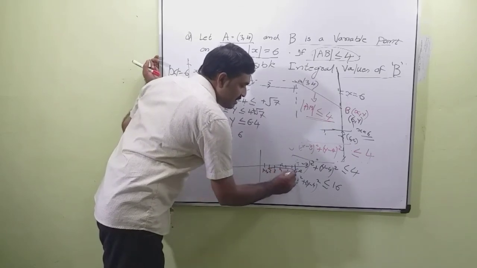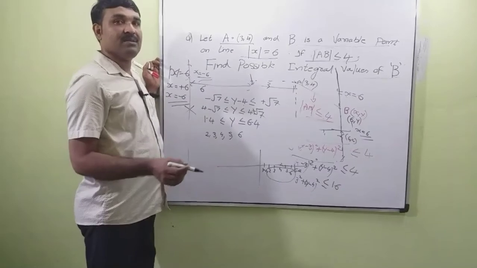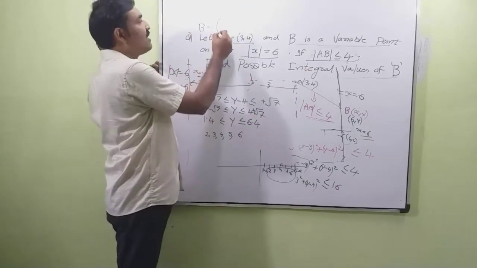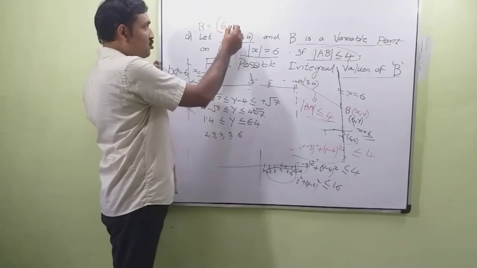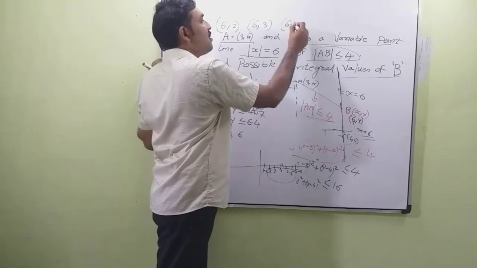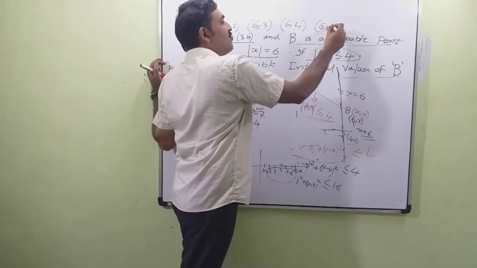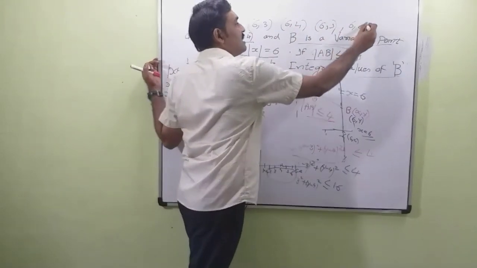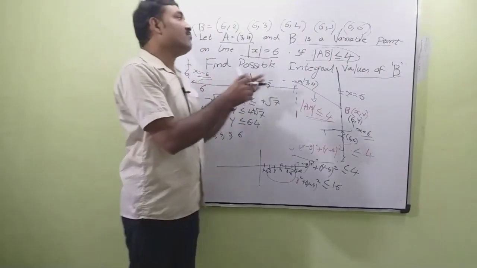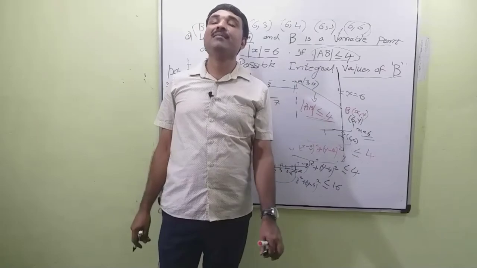So these are the integer values of y. So for the point B, x is always constant. So that is (6, 2) or (6, 3) or (6, 4), (6, 5) or (6, 6). These are the integer values of y which will satisfy this condition, mod AB less than or equal to 4.